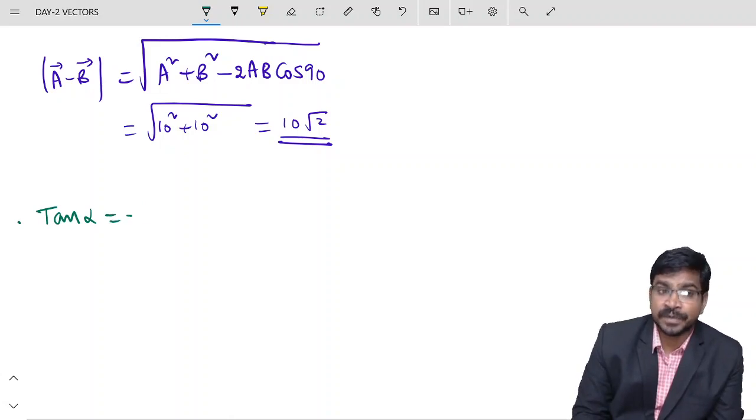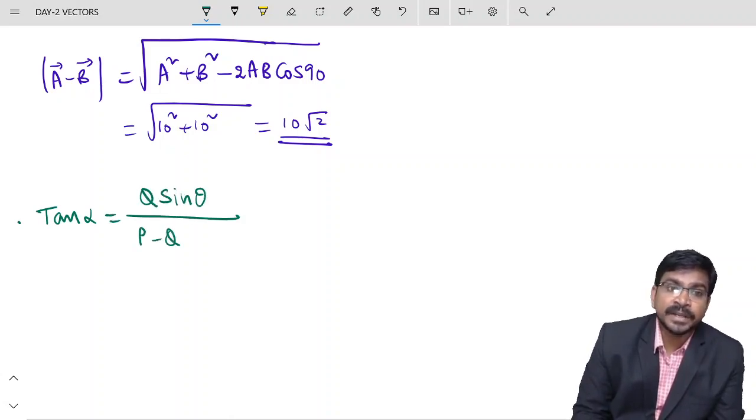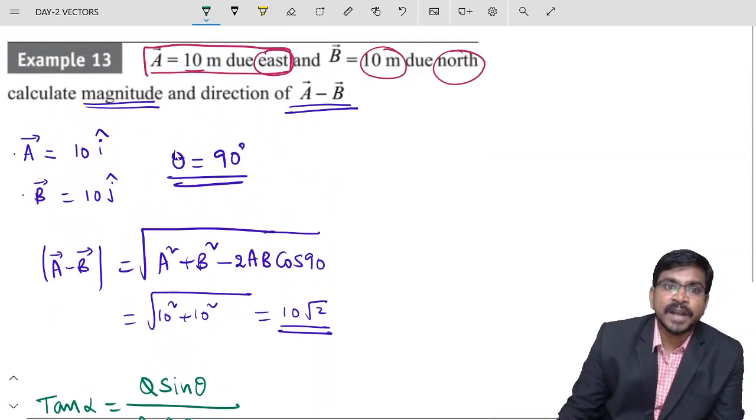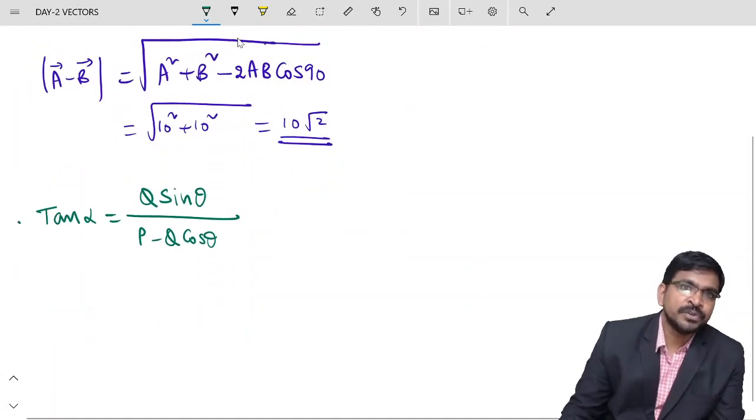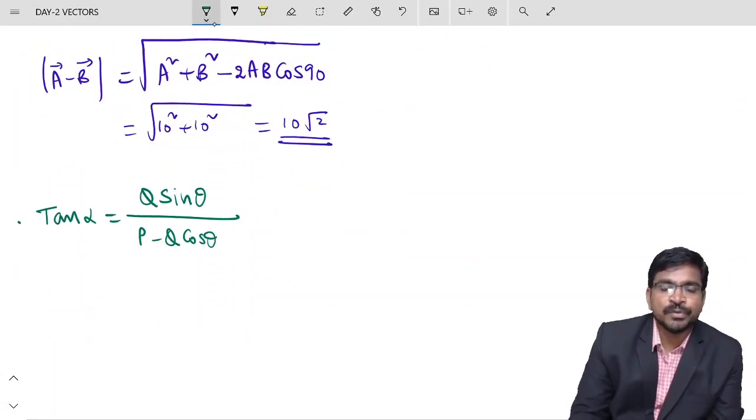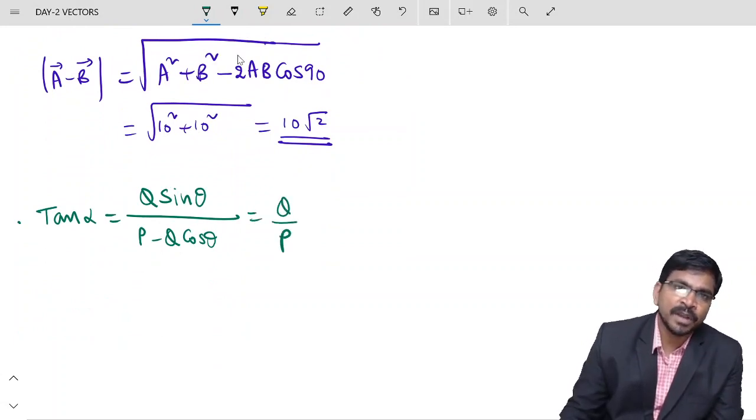In the case of subtraction, tan alpha is equal to Q sin theta by P minus Q cos theta. So if theta is 90 degrees, we know that cos 90 equal to 0 and sin 90 equal to 1. By substituting those values, we get Q by P. What is Q value? 10.